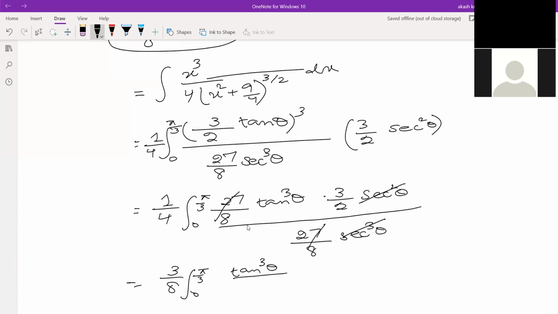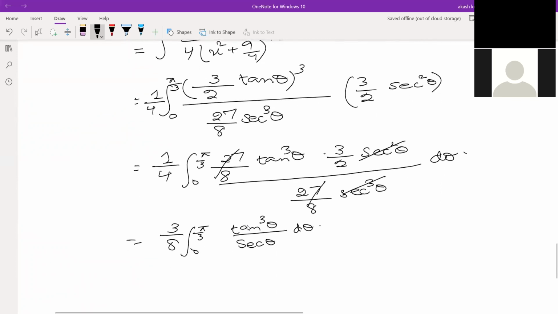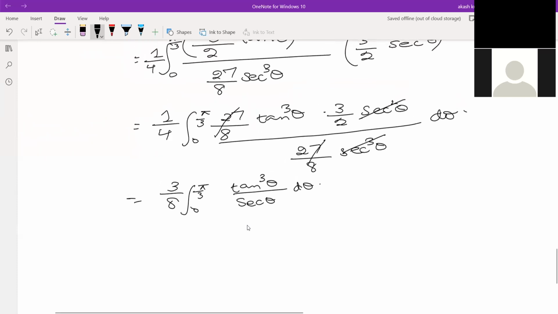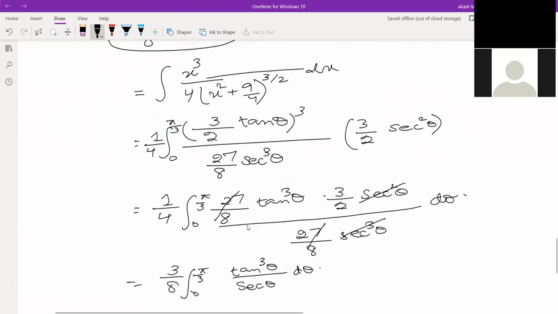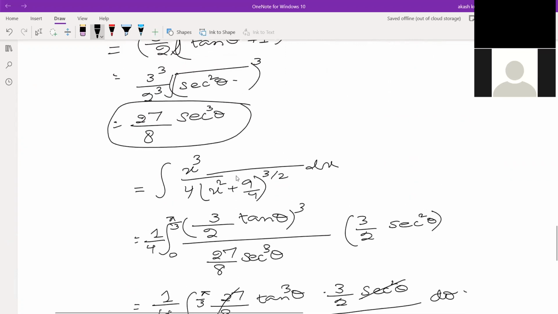over sec theta d theta. Now we have to look at which identity we can use.